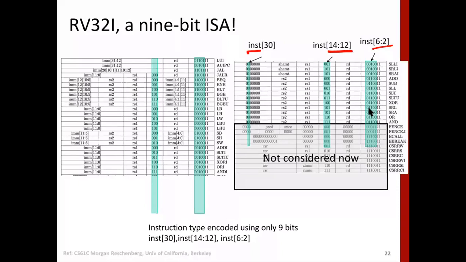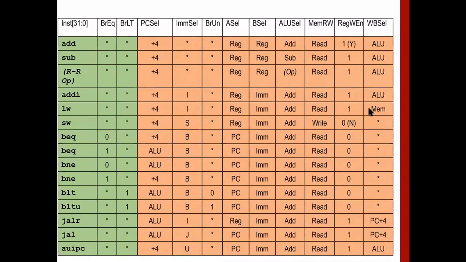These are sufficient for us to differentiate between different instructions. So now we have this table available, and for each instruction we can code this.